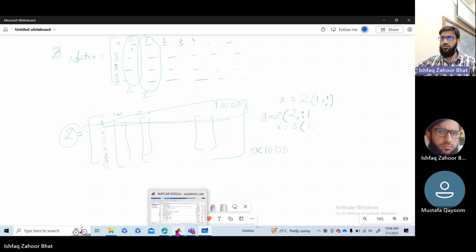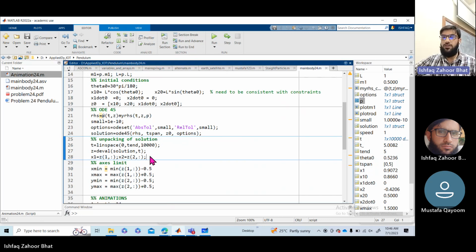Okay, let us go to this. So now we have this x and we have this y. And see, this x is actually 10,000 values. At each instant of time, it is giving you the x value, and similarly this is giving you the y value for 10,000 time steps.